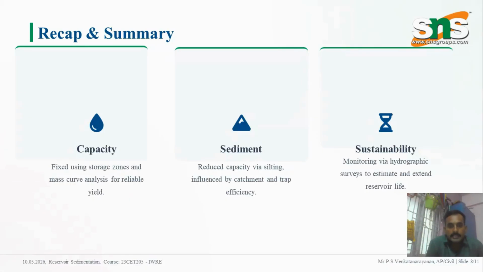Regular hydrographic surveys and monitoring systems are essential for evaluating storage loss and planning mitigation measures. Sustainable reservoir management requires balancing storage needs, sediment control, and long-term operational reliability. Understanding these concepts is extremely important for irrigation engineers because reservoirs are critical components of water resource systems.